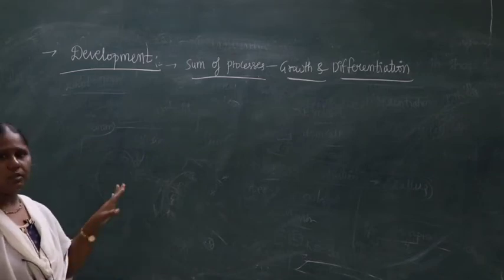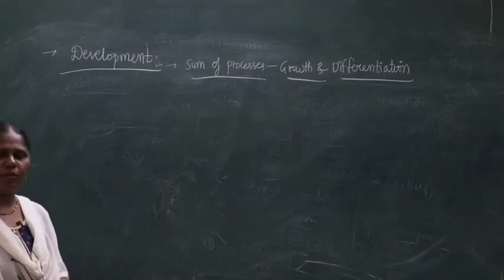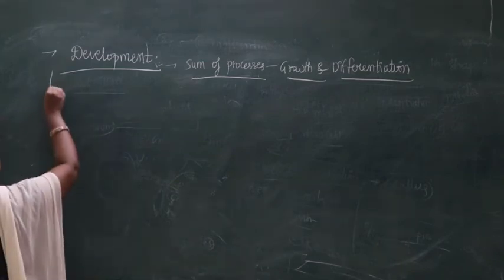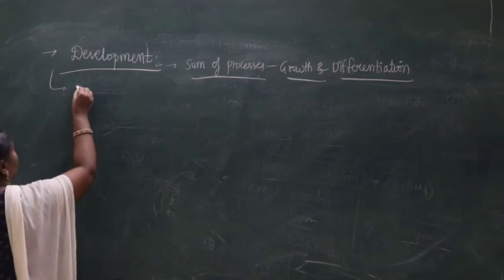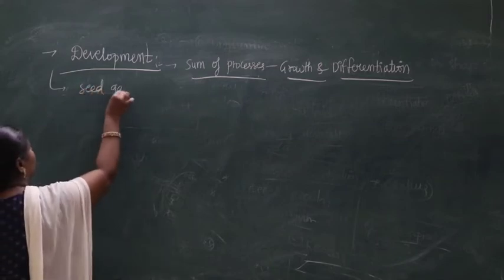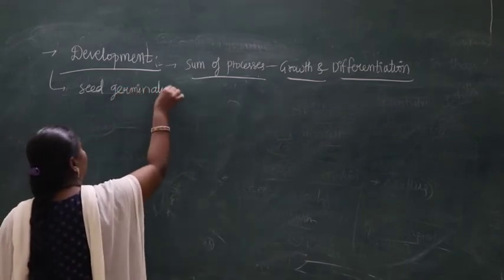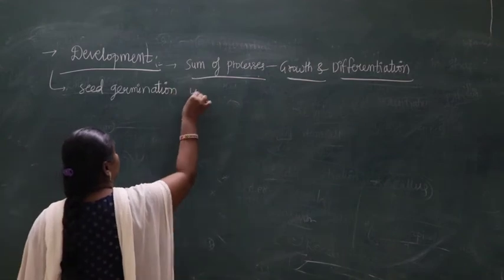Or it is also defined as, you can also take one more definition. What is the other definition? The process includes starting from seed germination up to senescence.